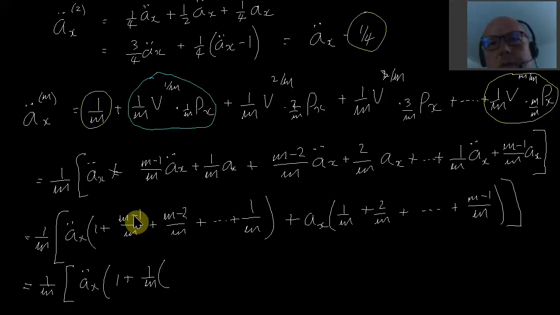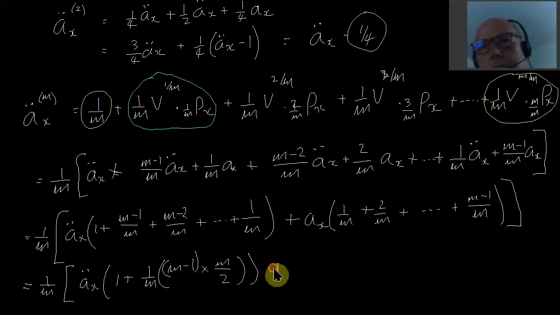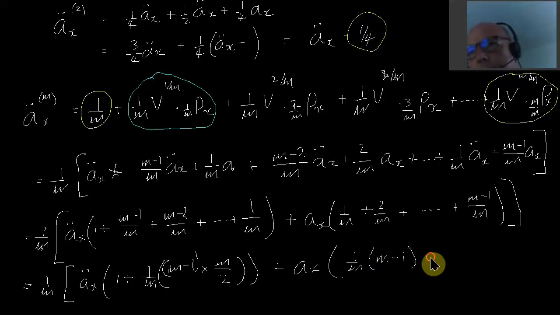The sum of all those is going to be, there are m minus 1 terms times the average of those terms, which is m over 2, because it's 1 plus m minus 1 over 2, plus ax. Well, the sum here is from 1 over m to m minus 1, so we just don't have that 1 in there, so we have 1 over m into m minus 1 times m over 2.